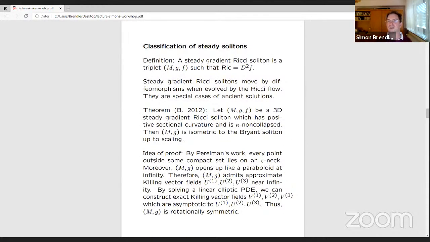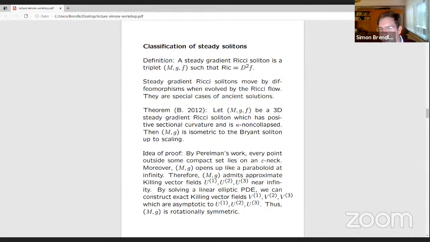Okay, now let me talk about the proof of rotational symmetry. I've already hinted at the classification of rotationally symmetric solutions will play a role, but as a warm-up, let me talk about the classification of steady solitons. This is a result I proved much earlier, in 2012.